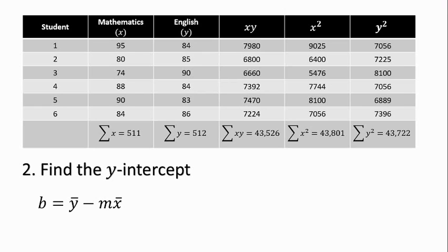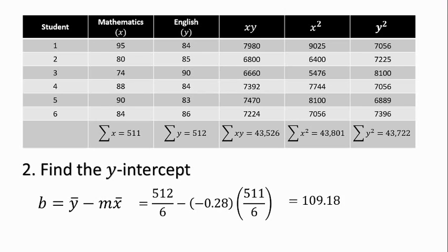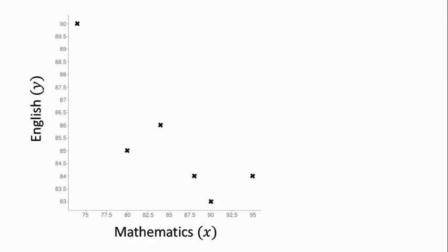We plug in these values and get b equal to 109.18, accurate to 2 decimal places. With m equal to negative 0.28 and b equal to 109.18, the equation of the line is therefore y equals negative 0.28x plus 109.18.